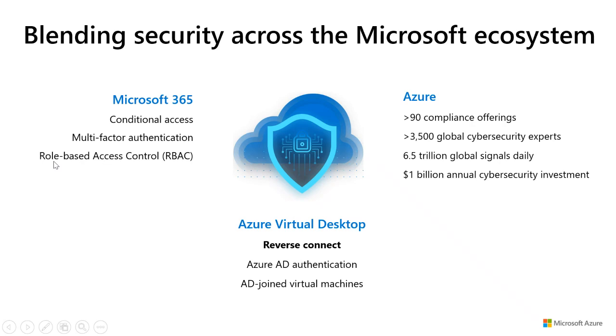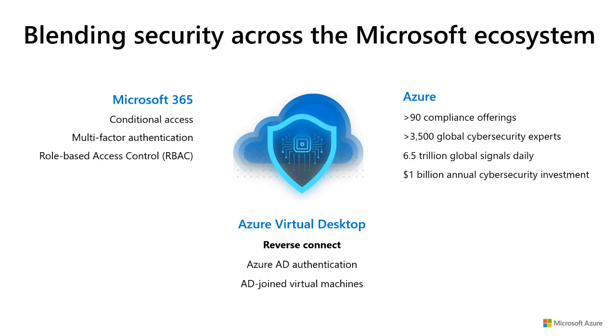We have role-based access control to manage access to resources in the environment. Azure has 90 compliance offerings running there. Remember that you have Insights and Advisor running in the same solution, looking for advice to optimize your environment.